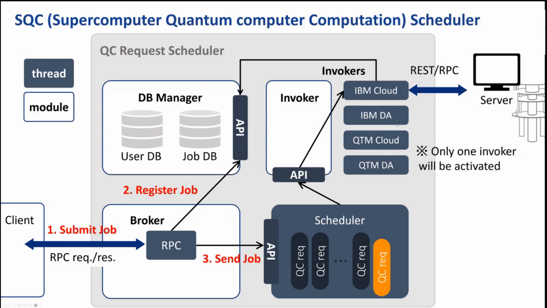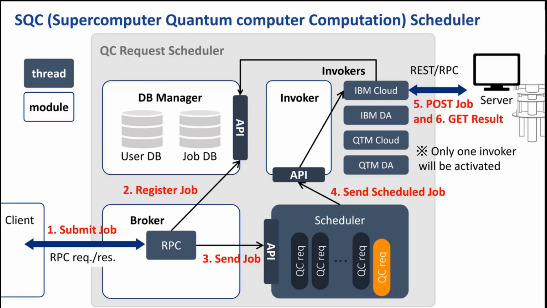In the case of IBM, the IBM system and the supercomputer Fugaku are installed next to each other, so we have a direct access REST API between IBM and our schedulers. In the case of Quantinuum, they provide a REST API that goes through the virtual local area network connected between Fugaku and their backends.